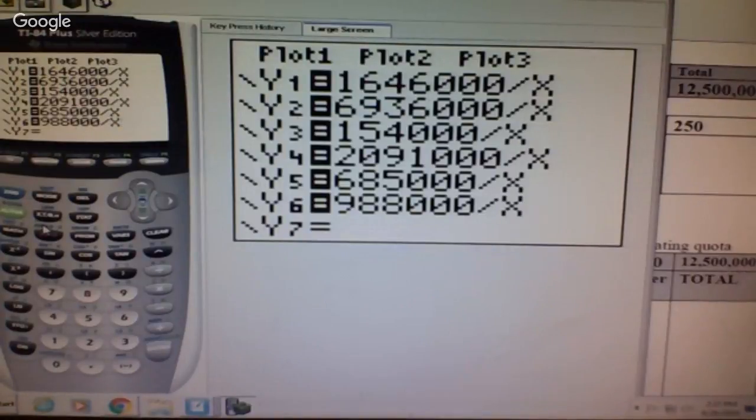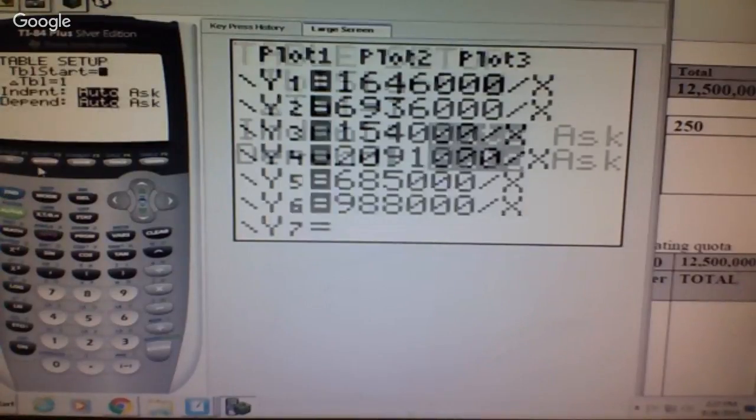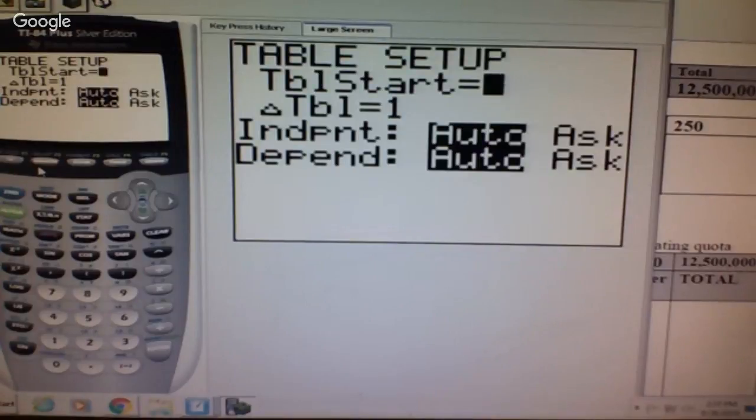All right, so now, instead of you sitting there and dividing each one of these by your standard divisor, your calculator will now do that for you. Your standard divisor, according to this example right now, is 50,000, correct? So you want to hit second window, and it'll bring you to your table setup. You want to tell your table what you want to divide by.